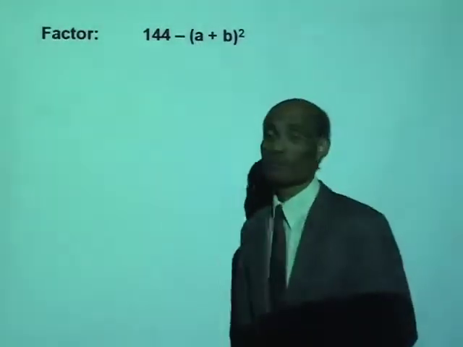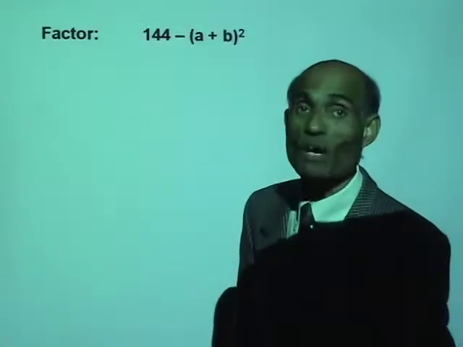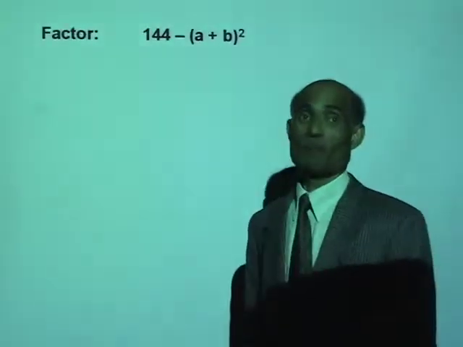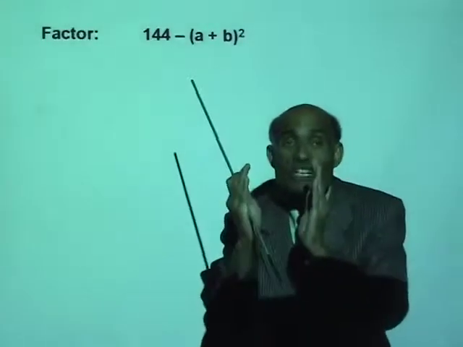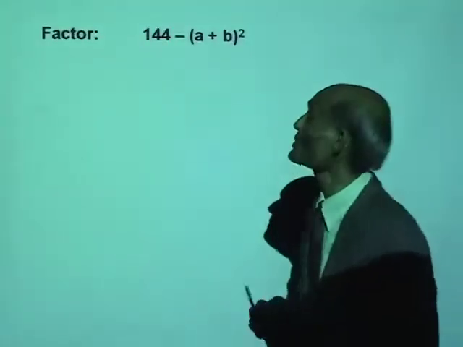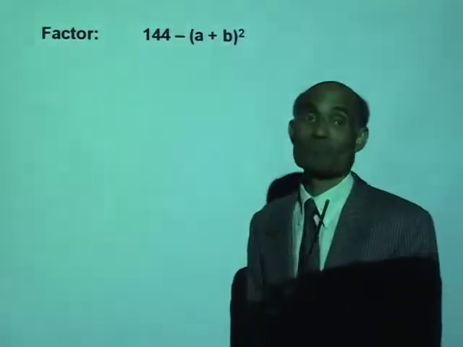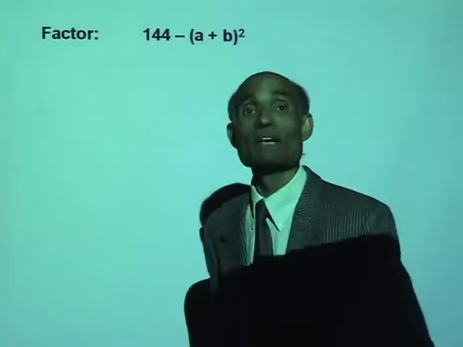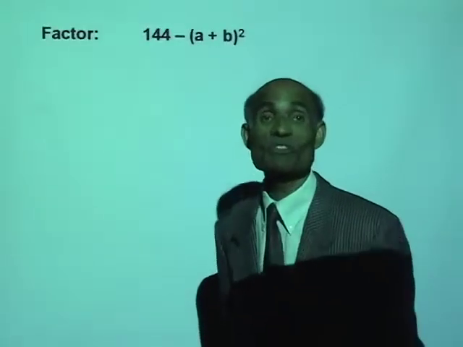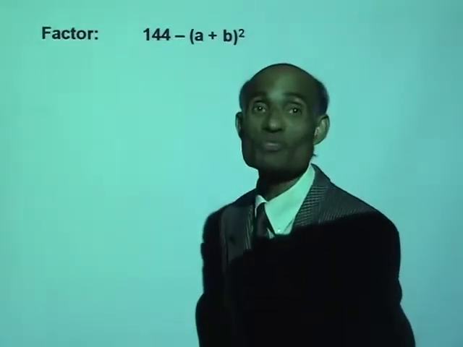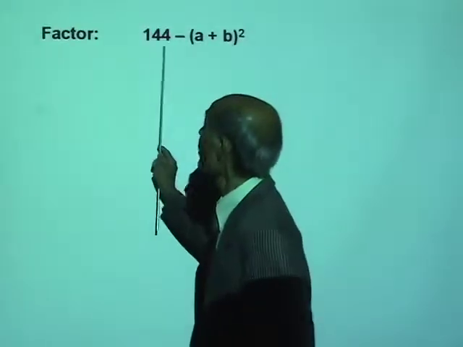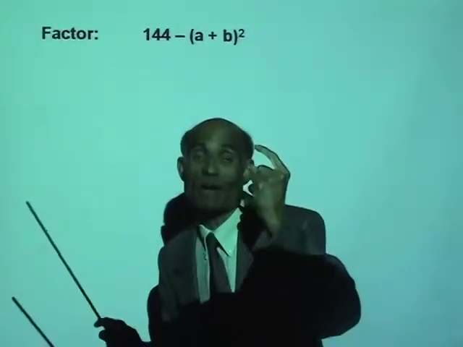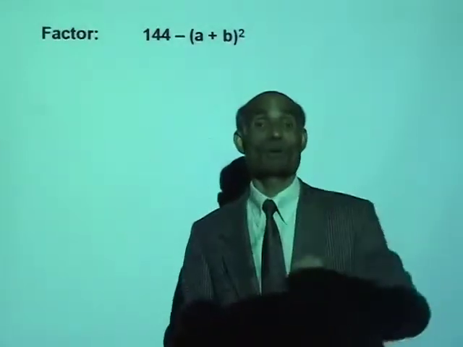Let's try this now. 144 minus the quantity a plus b all squared. First of all, write this as the difference of two squares. Tell me, what number squared is 144?